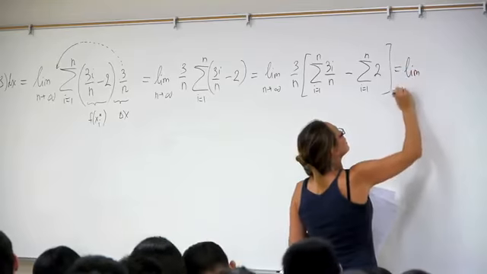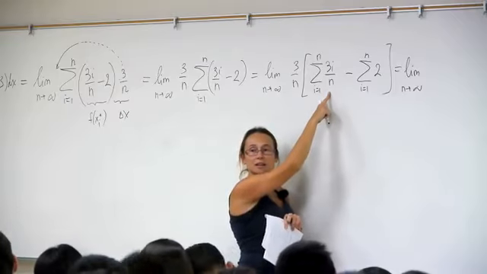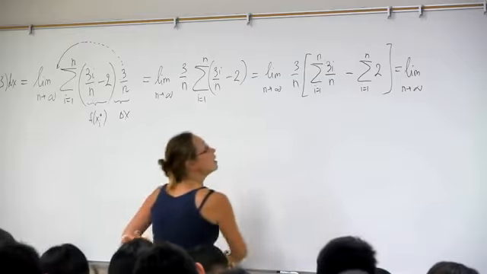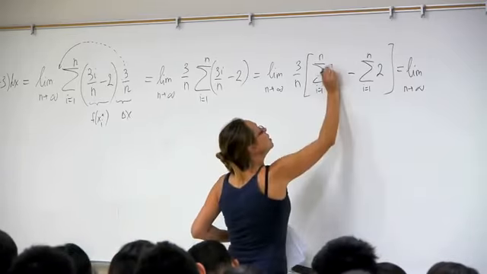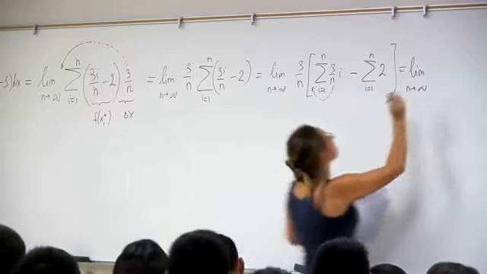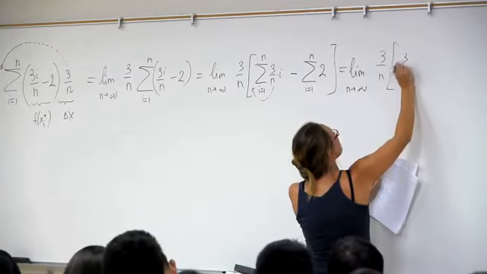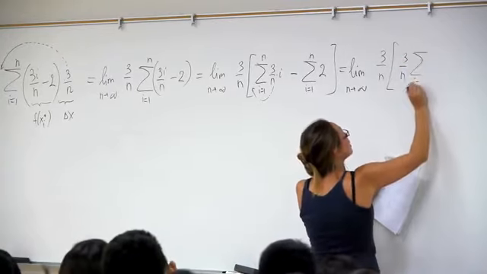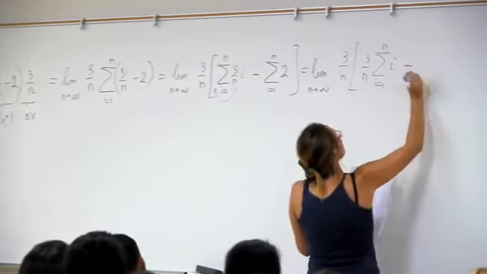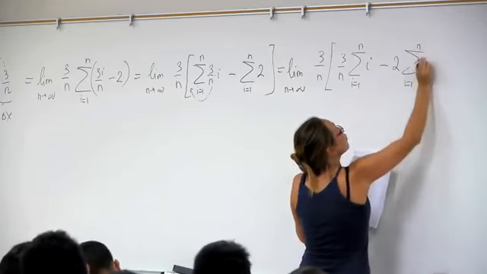Next, I notice that in this sum, I have i times a constant, 3 over n. This constant can come out. So I have 3 over n, the sum of i, and this 2 I can rewrite as 2 times the sum of ones.